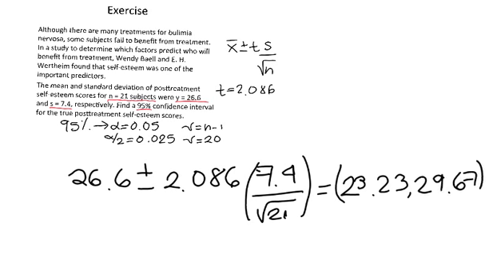29.67. So we conclude in the same way that we concluded for the previous confidence interval, and we will say that with a 95% confidence, the true post-treatment self-esteem score is between 23.23 and 29.67, sorry.